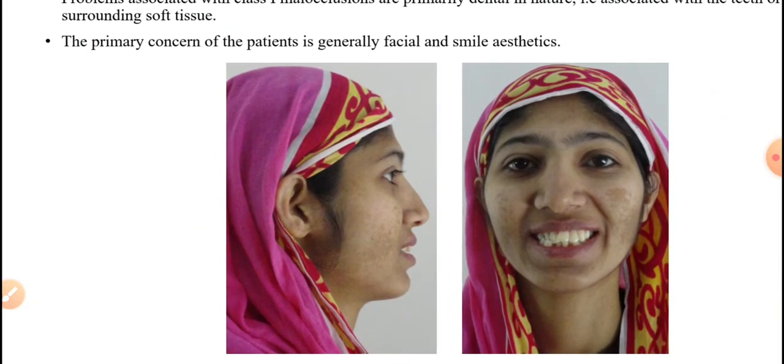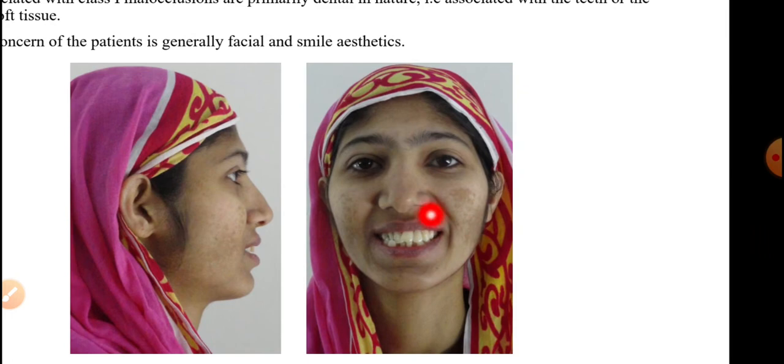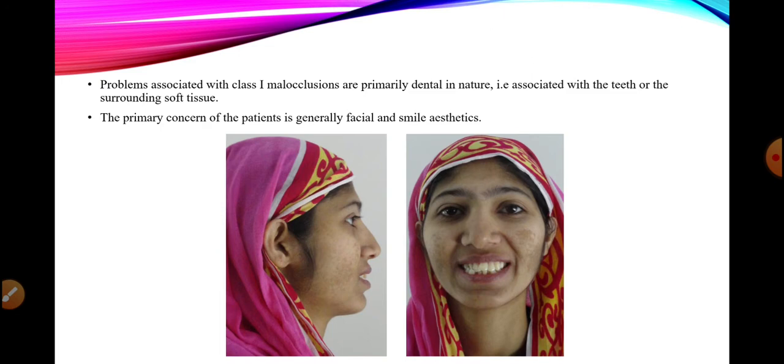The main concern of the patient with class 1 malocclusion is the smile aesthetics. As we can see here, the patient has a straight profile, equal thirds, a harmonious face, but the smile is compromised. So usually in cases of class 1 malocclusion, the patient presents with a concern of smile aesthetics and the correction of the smile arc.